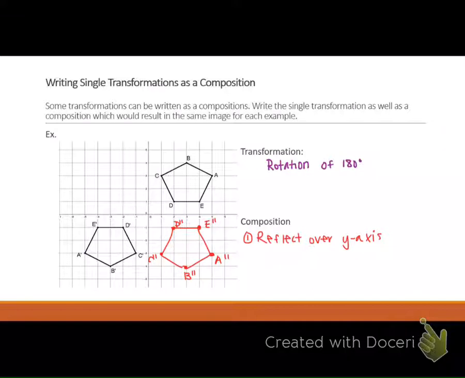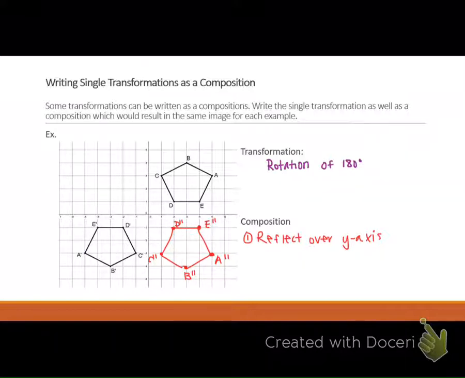That would be the first one. And then we would reflect over the, what's the other axis that we can reflect over now? Greg already said it, but I want to see if anybody else can tell me what it was. Somebody else here? Carmichael? Yeah, the x-axis, right? If we take this and fold our piece of paper along this line here, it will fold on top of it, so then you're going to reflect over the x-axis.